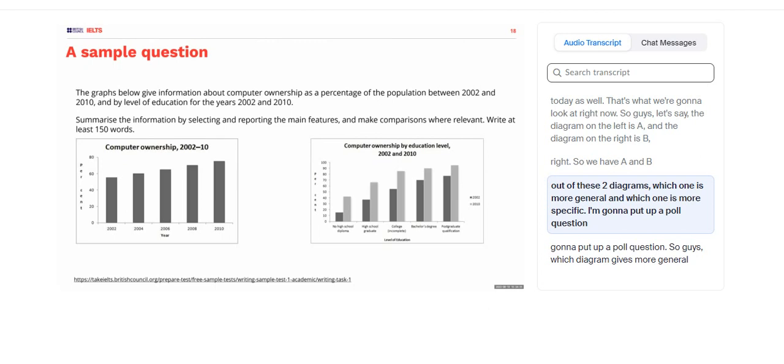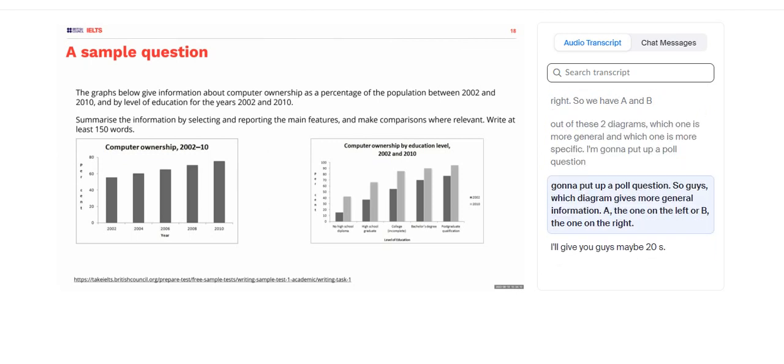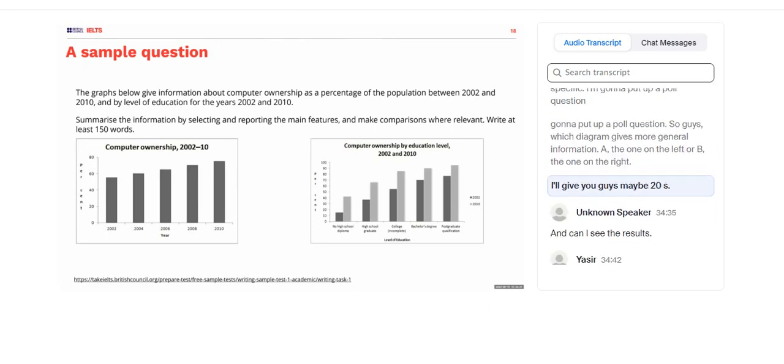I'm going to put up a poll question. So guys, which diagram gives more general information? A, the one on the left, or B, the one on the right? I'll give you guys maybe 20 seconds.